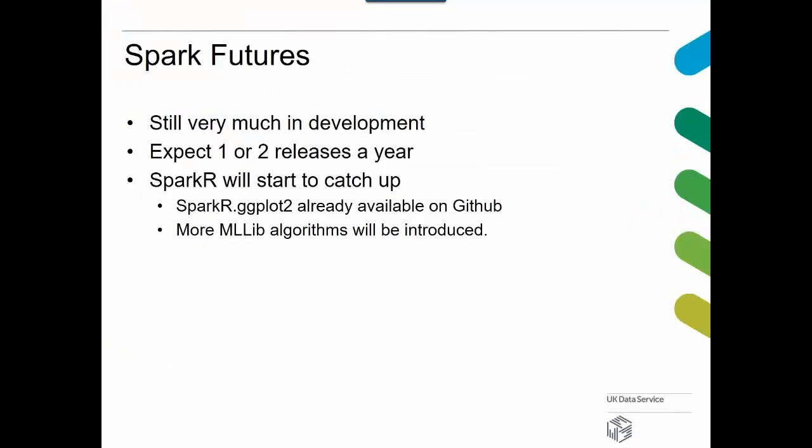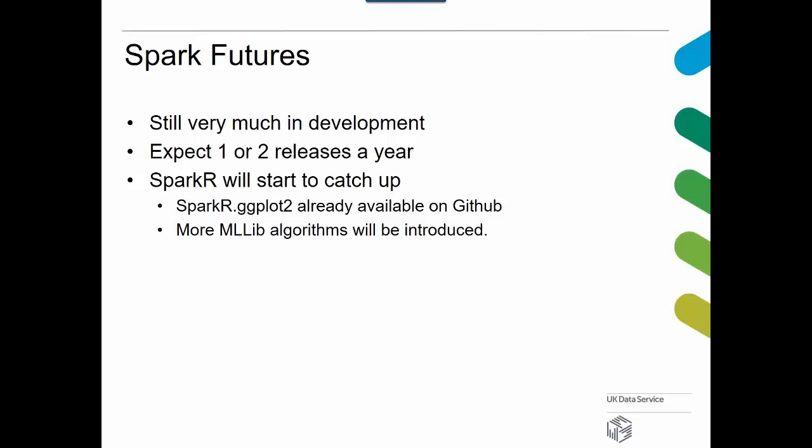I think I mentioned that Spark is still very much in development, and SparkR even more so. But you can certainly expect one or two releases a year, adding new functionality as we go. And certainly SparkR has got some catching up to do.